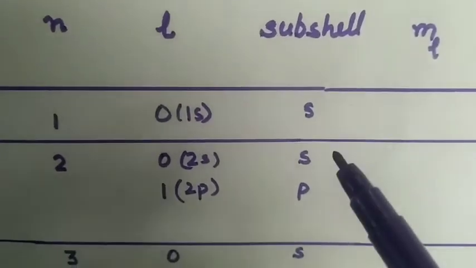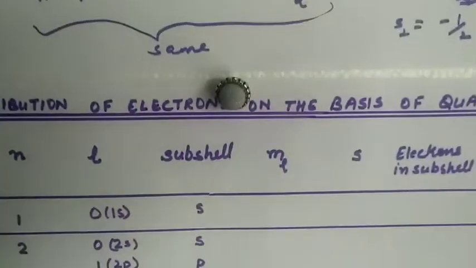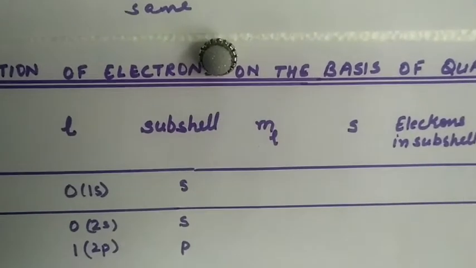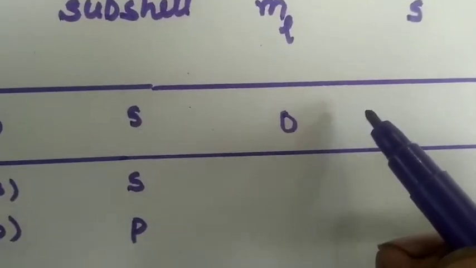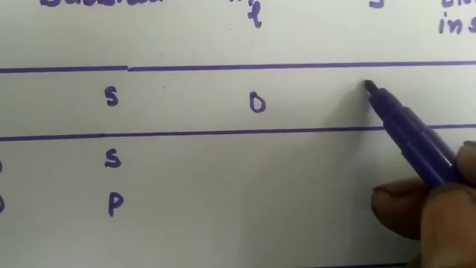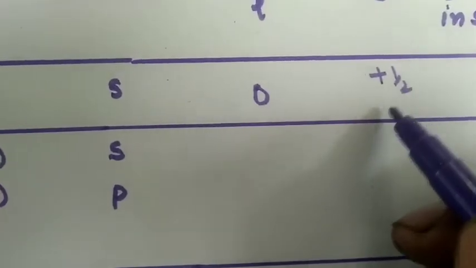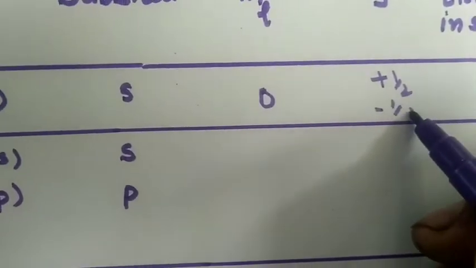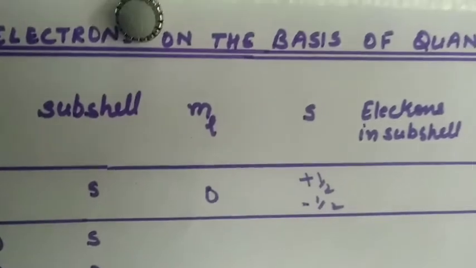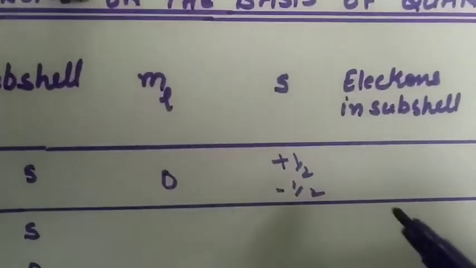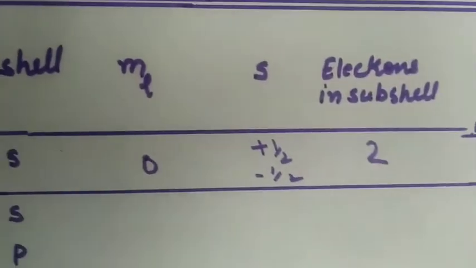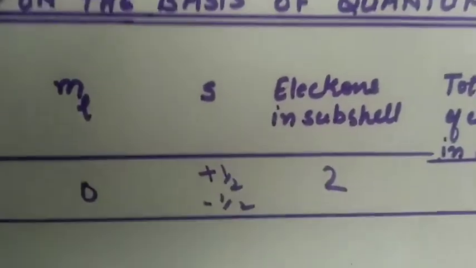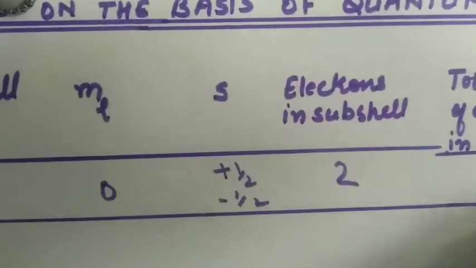So the type of subshell is S. Now the magnetic quantum number ML is 0. Spin quantum number can be either plus half or minus half. So how many electrons can be in the S subshell? Because there is only one orbital, electrons will be 2. And total number of electrons in this shell will also be 2.